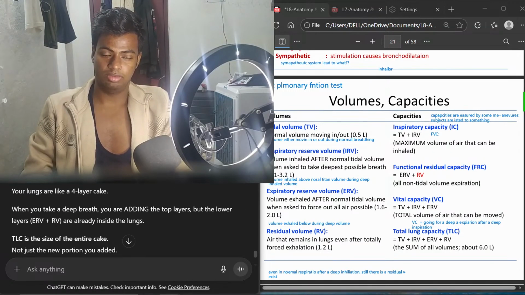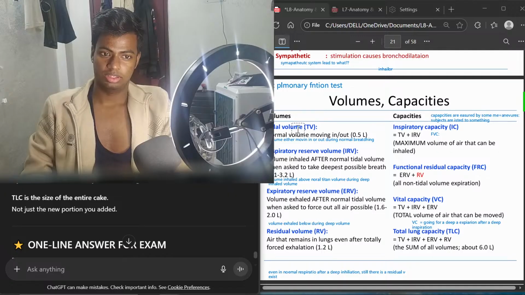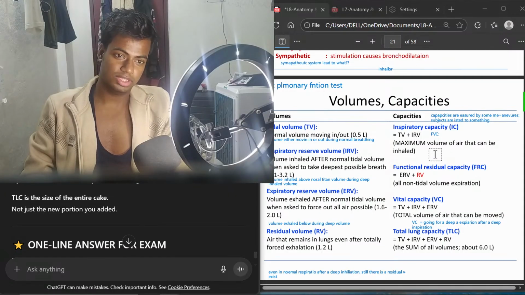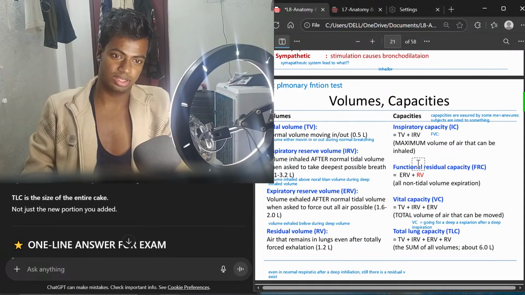All non-tidal volume expiration. Functional residual capacity, you can imagine it as the volume actually used in functioning.